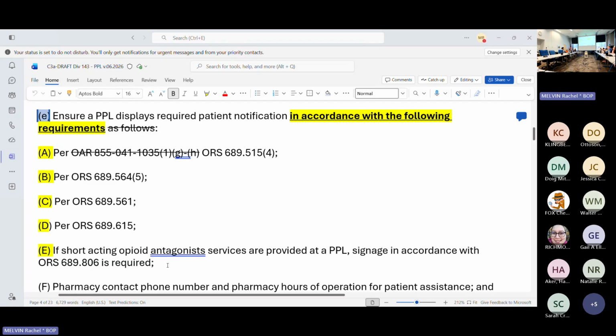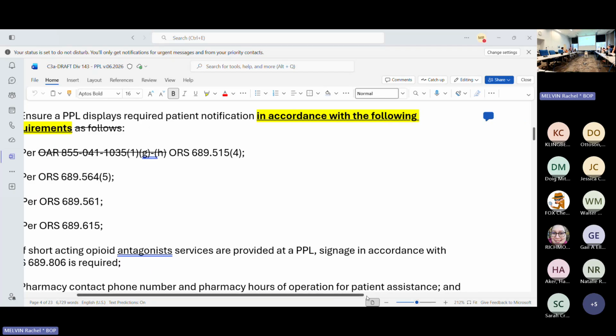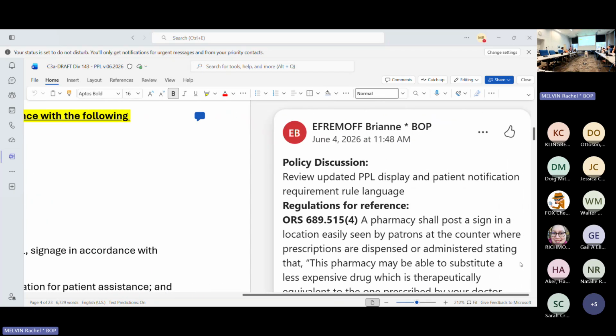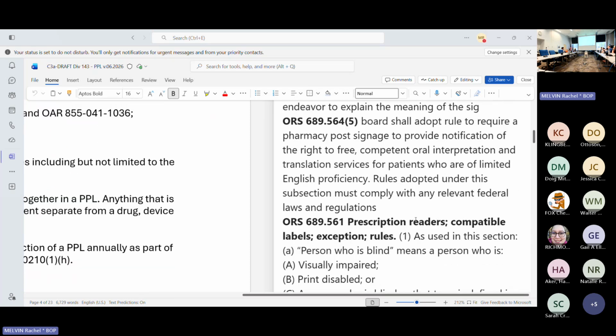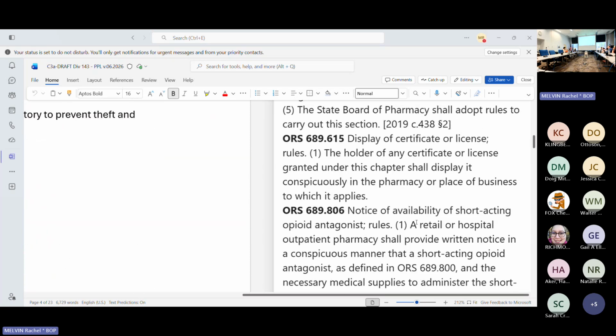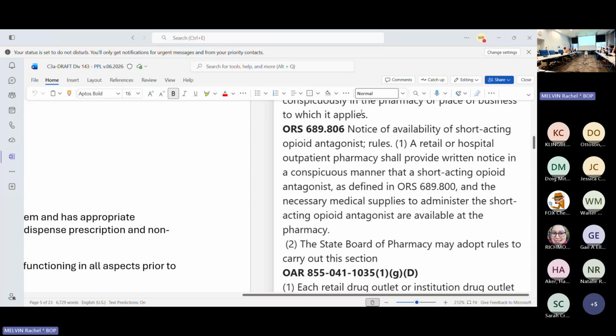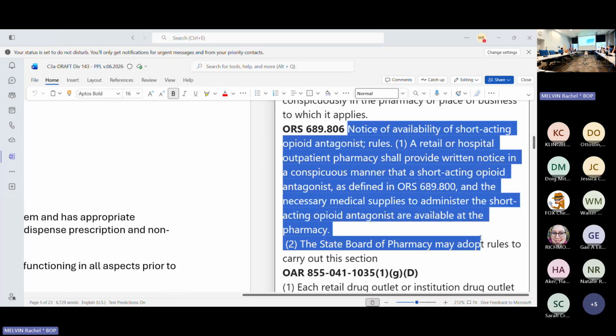the definition of signage, like, we could pull up, do you mind scrolling over to the policy discussion? I believe ORS 689.806 is listed on there. Maybe if we read that language, that would help us a little bit here too. I apologize. I am not necessarily prepared to speak to a lot of this. So ORS 689.806 says notice of availability of short-acting opioid antagonists.